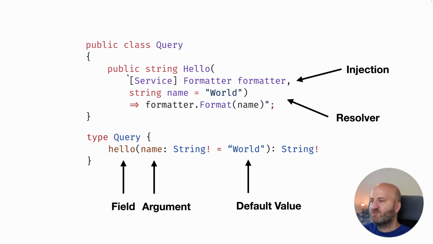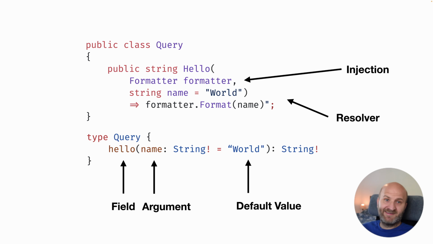In this instance, we are using an attribute here to mark the formatter argument as a service, as a special type. So when we compile the resolver pipeline, we know that A, we don't want to have a formatter in our GraphQL type, and B, that this formatter shall be injected from our services.